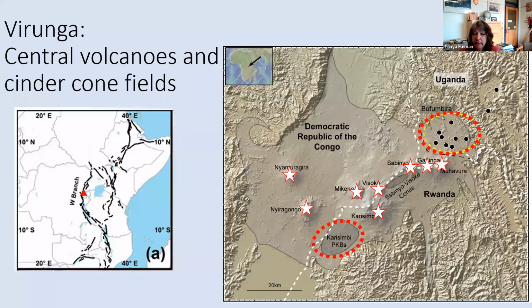When we move a little bit south to Virunga, we find several large central volcanoes, and each one of those is shown with a white star on the map. And then 2 or 3 regions that I've circled in red where there are very small individual explosion craters. So the 2 western volcanoes, Nyiragongo and Nyamuragira, are active. The other white stars appear not to be, and those explosion craters are less than 100,000 years old.